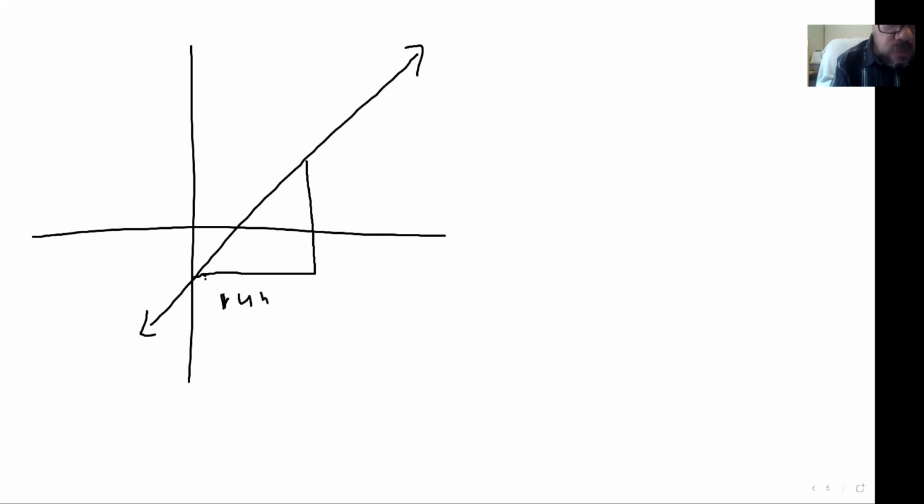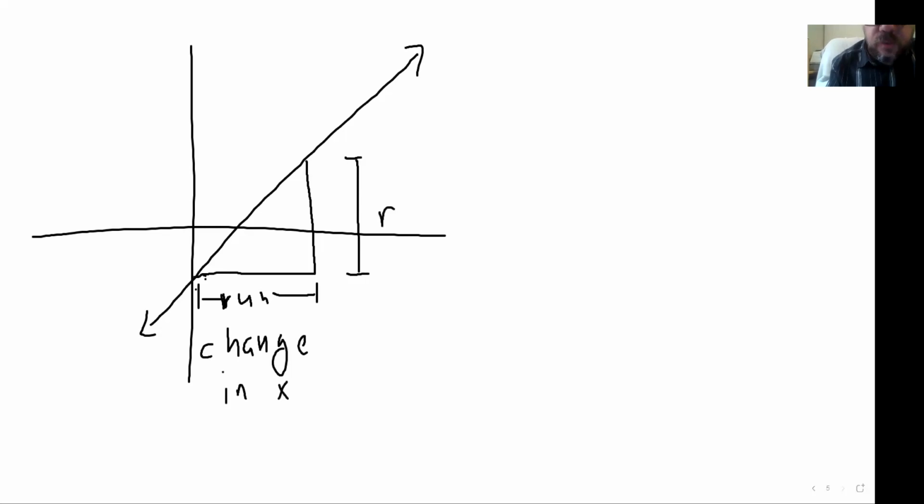That's the run, from here to here. This right here is the rise, how much it went up. So run is change in x. The rise here is the change in y. And when I say the change, what I mean is the change from one point to another on the line.